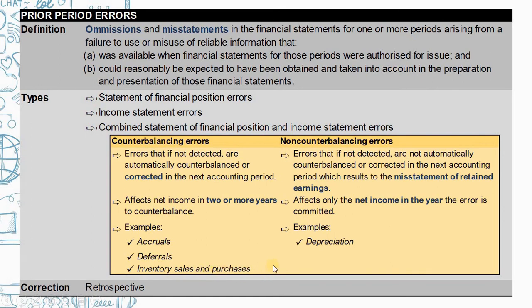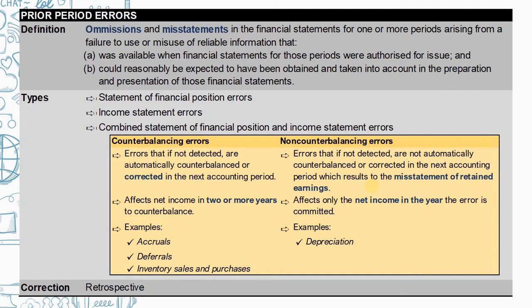Now let us proceed to non-counterbalancing errors. These are errors that, if not detected, are not automatically counterbalanced or corrected in the next accounting period, which results in the misstatement of retained earnings. So unlike counterbalancing errors, these are the types of errors that the entity needs to discover.